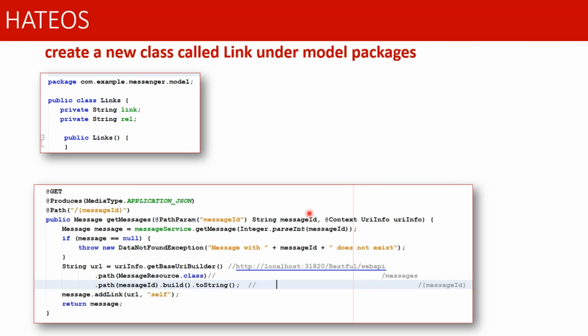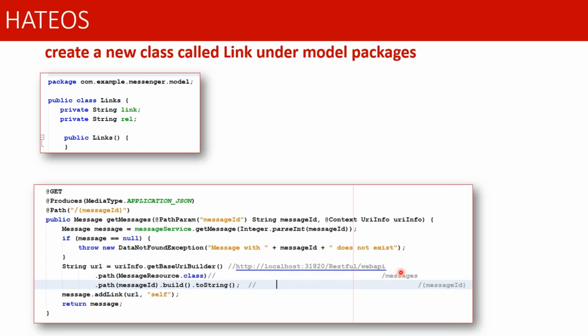If you have to do this, the web API get base URI builder will give you the base HTTP colon localhost 3182 restful slash web API, and dot path message resource dot class. This will give you slash messages, and then dot path message ID.